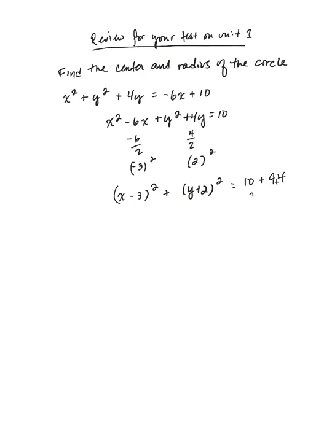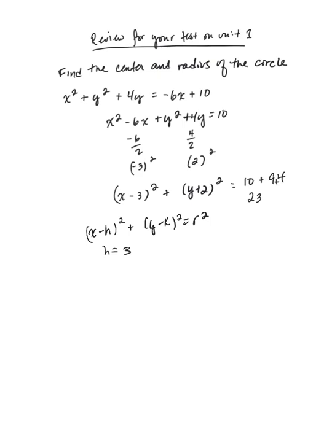All right. So the center comes from this formula, x minus h squared plus y minus k squared equals r squared. Now, the h is 3. What is k? So what are you subtracting from y when you are adding 2?